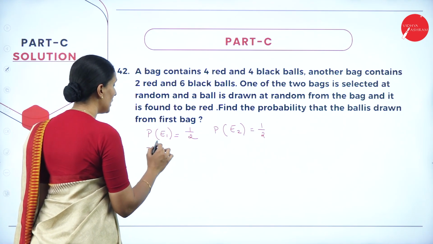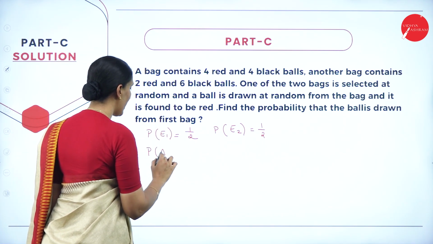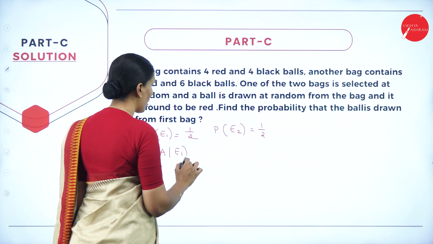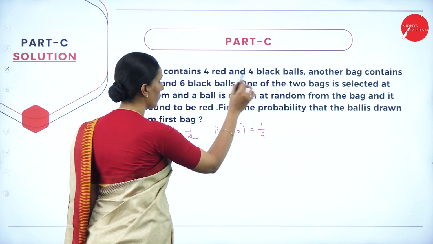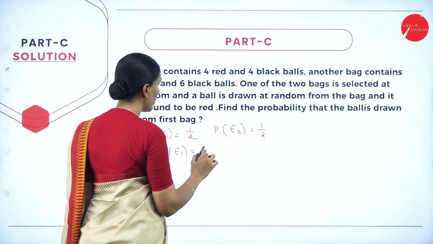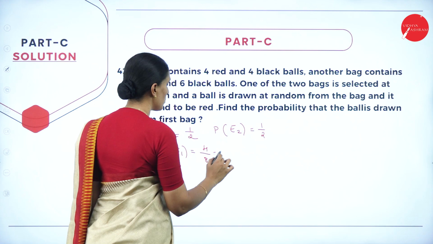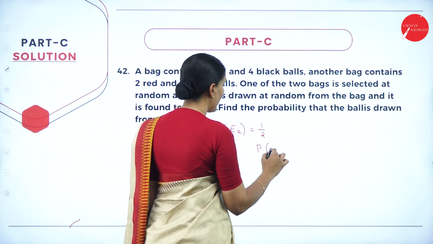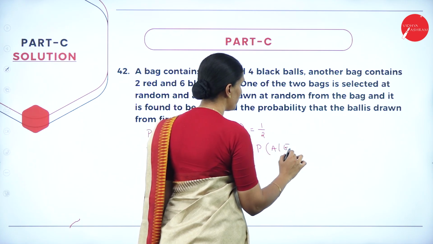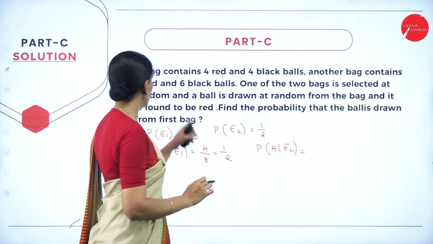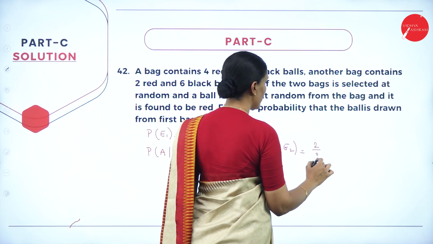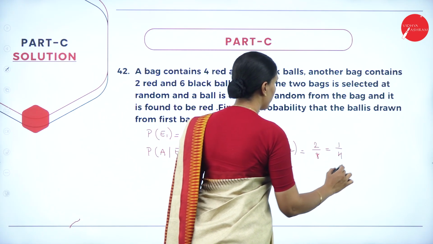So let choosing a red ball be an event A. So probability of choosing red in bag 1 is 4 out of 8 because we have 4 red and 4 black. So 4 by 8, which is 1 by 2. Similarly, probability of red ball in bag 2 is again total 8 and 2 red, which is 2 by 8, which is equal to 1 by 4.